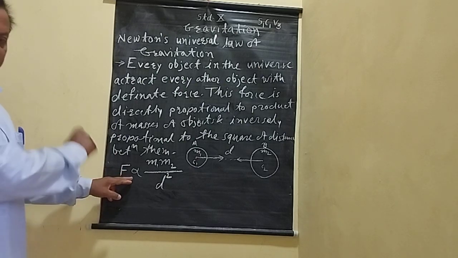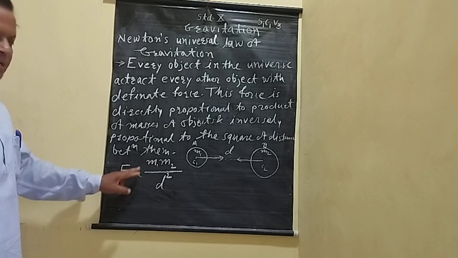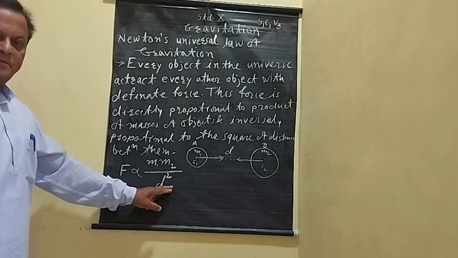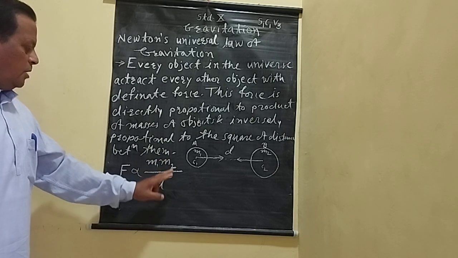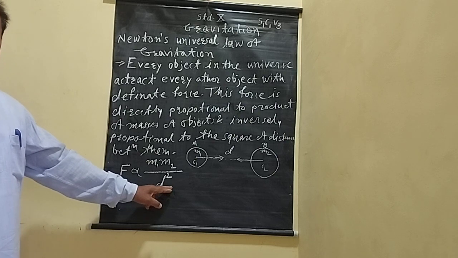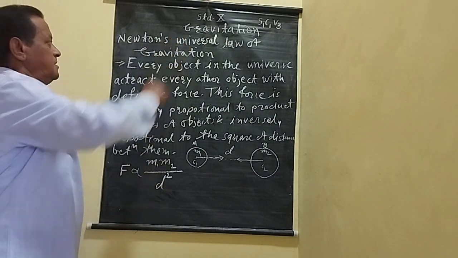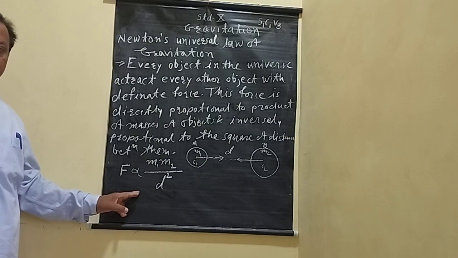Mathematically, in short, F is proportional to m1 m2 upon D square. So in short, we can write Newton's universal law of gravitation like this.